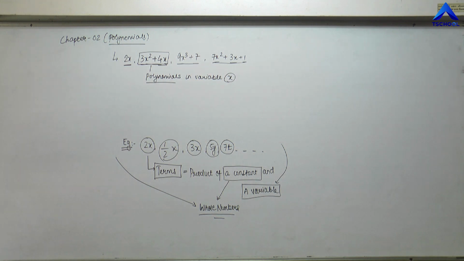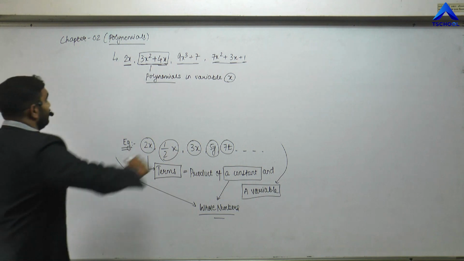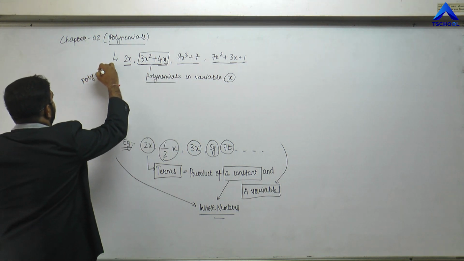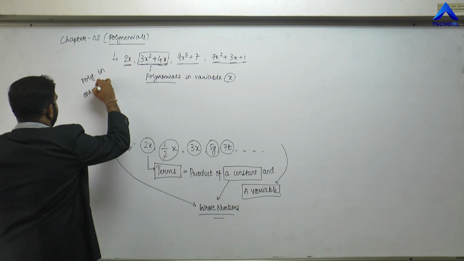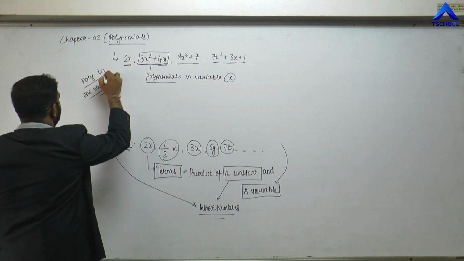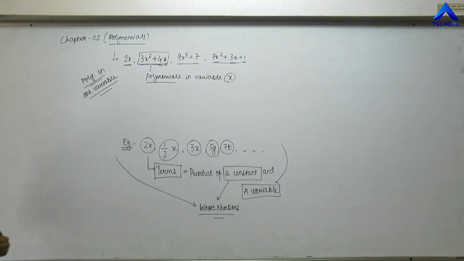These are polynomials in one variable. In this chapter we are going to discuss only polynomials in one variable. We are not having any polynomials with two variables or three variables associated with the same polynomial. Is it clear, friends?